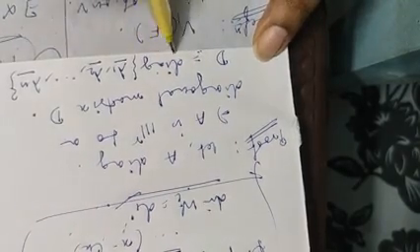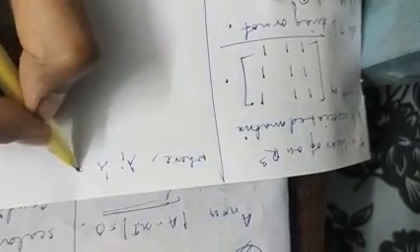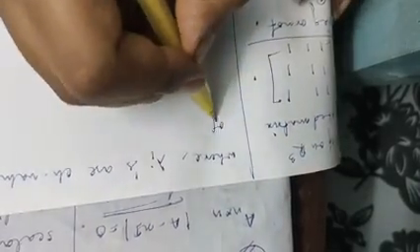These are the eigenvalues or characteristic values of the matrix A. So D is the diagonal matrix where these lambda i's are characteristic values of A for i equals 1 to n.